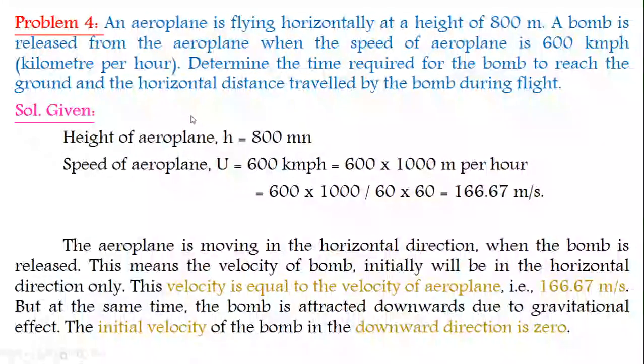Okay, this is a tutorial problem. Let's see the problem now. Problem 4. An aeroplane is flying horizontally at a height of 800 meters. A bomb is released from the aeroplane when the speed of the aeroplane is 600 kilometers per hour. Determine the time required for the bomb to reach the ground, and the horizontal distance traveled by the bomb during the flight.